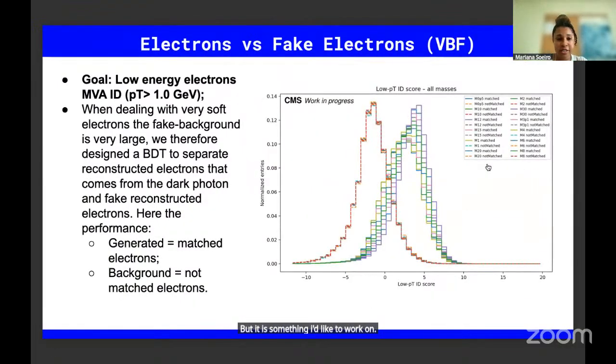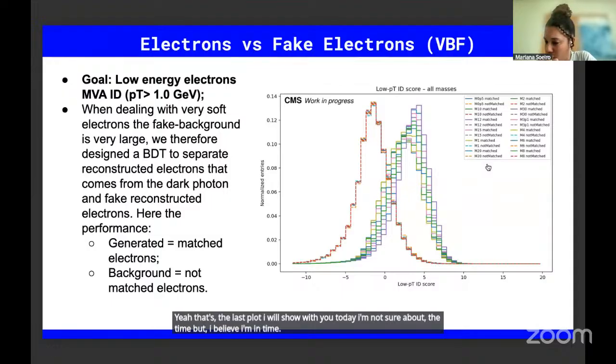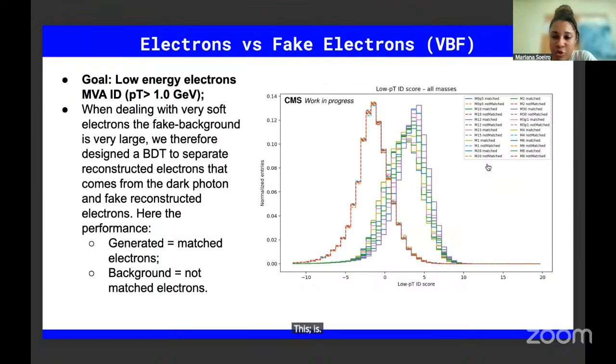That's the last plot I will show you today. I'm not sure about the time, but I believe I'm on time. This is the most updated plot we have at the moment. We are working on a multivariate ID, to understand how we can go down in PT and how we can separate electrons from the signal and electrons not from the signal.